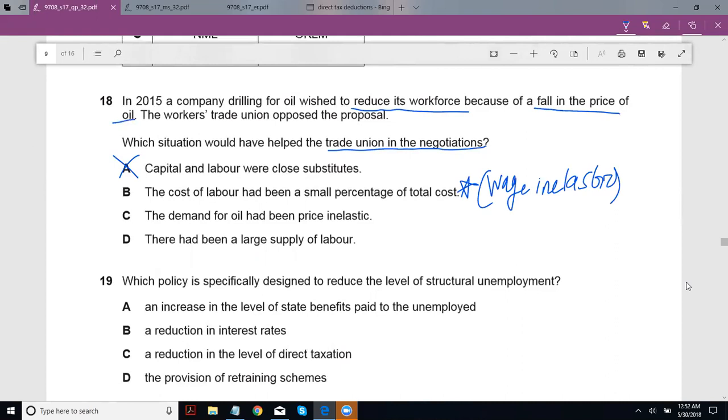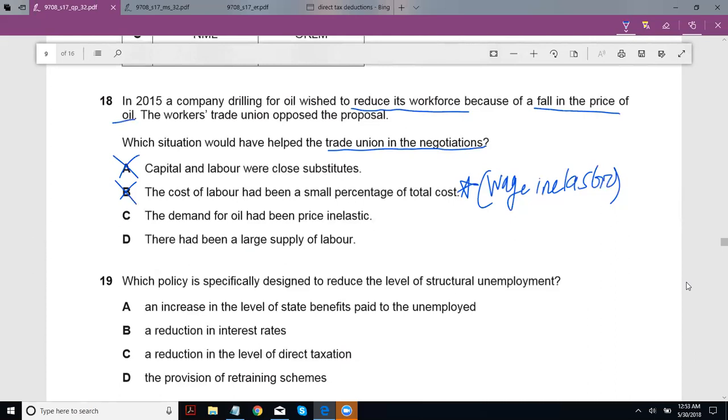However, I'm not too sure if it helps here, because it's not an increase or decrease in the wage that's the reason for the reduction in the workforce. It's the fall in price, which is going to decrease your MRP anyway. So probably not this one.